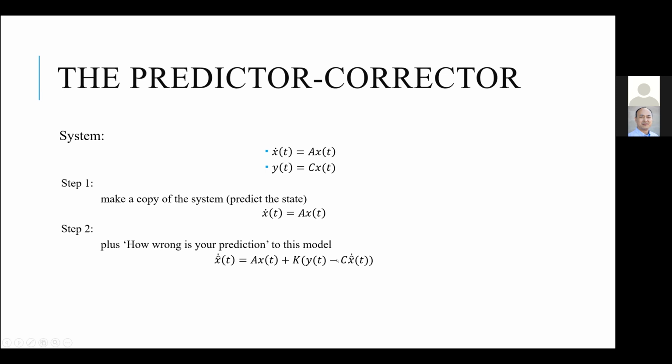So your actual value minus your prediction, times some constant, is added in, changing the estimate until it gets better and better and stays the same. This is called predictor-corrector: simply having a copy and adding the error, how wrong your prediction is, to the model.